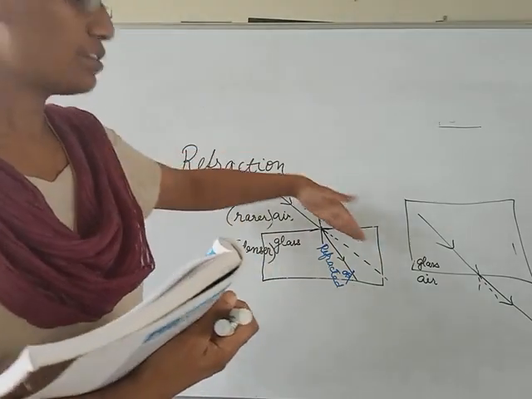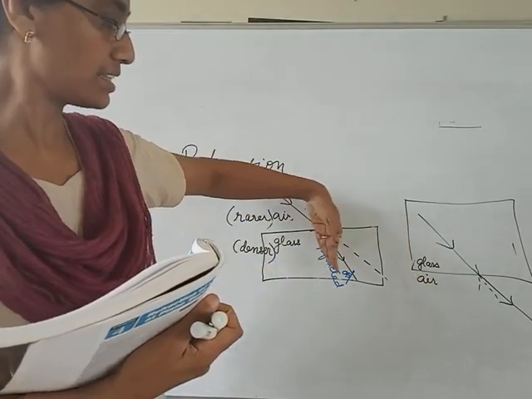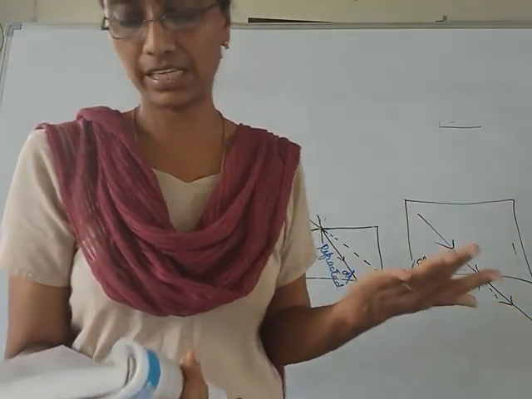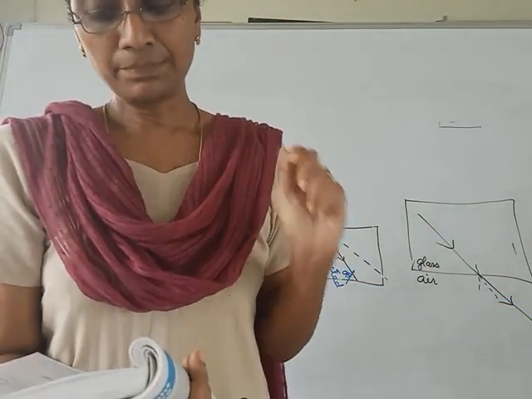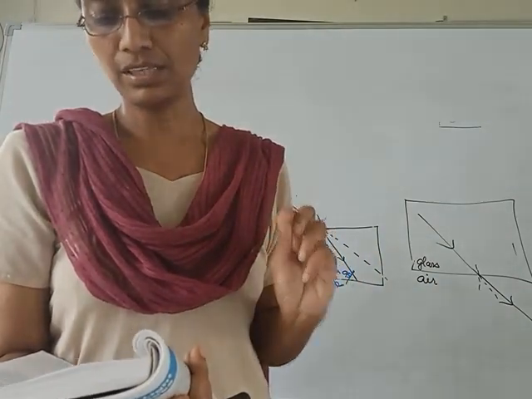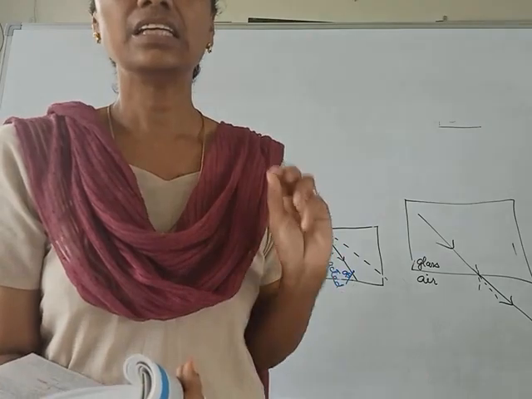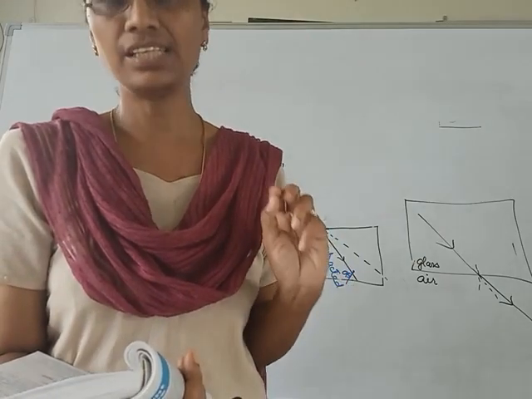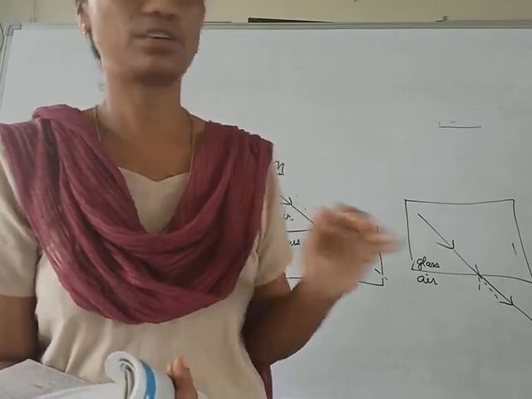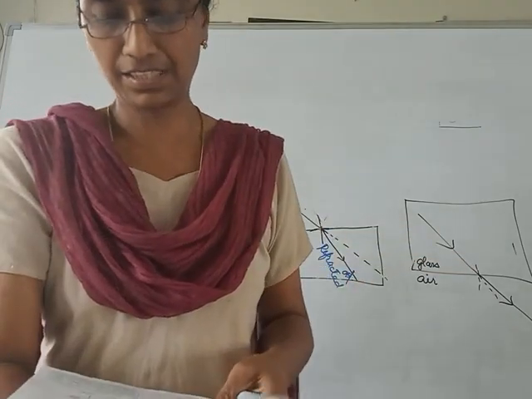Instead of going in this direction, it's now going in this direction. This is also another way of saying refraction. Refraction of light is essentially a surface phenomenon. It is a surface phenomenon because it happens at the surface.